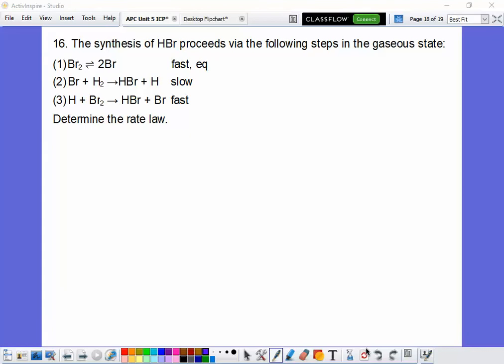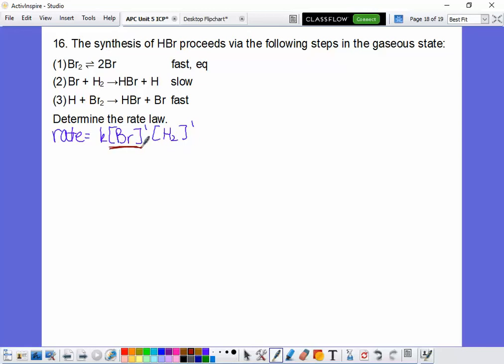All right, so now that you've had a moment to do this problem, what's my original rate law? And both of those are to the first power. Okay, which of these substances are we going to have to substitute? The Br, because the Br is the intermediate.